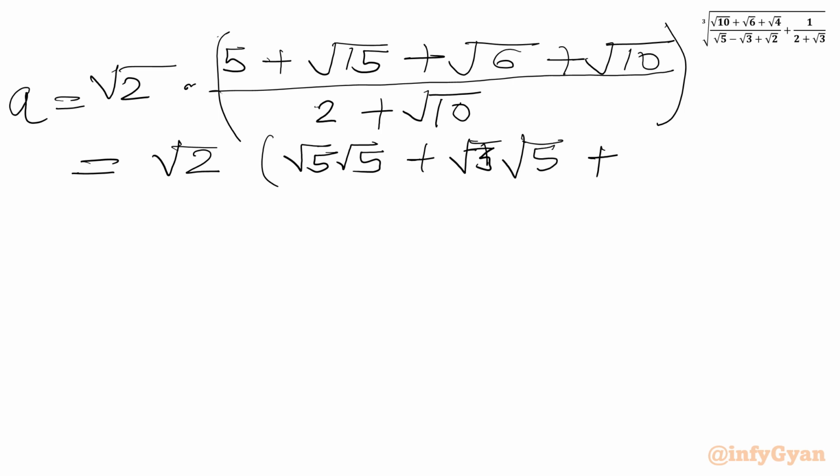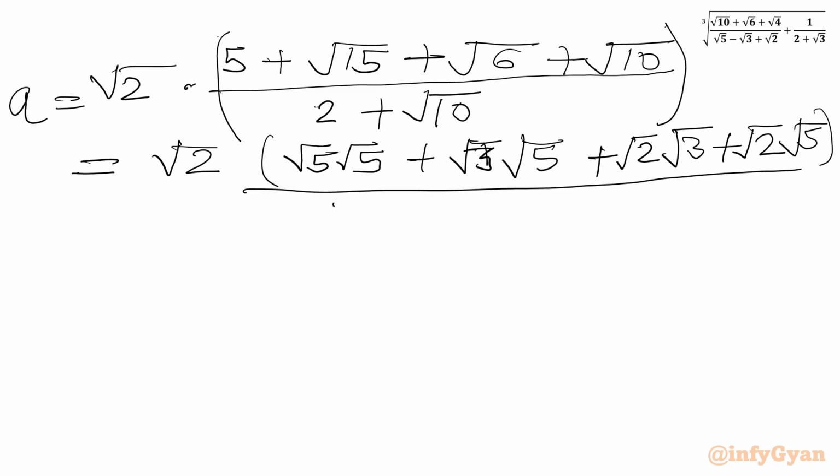plus root 6 we can write as root 2 times root 3, and root 10 we can write as root 2 times root 5. In the denominator I will take root 2 common out, so in the bracket root 2 plus root 5. Now root 2 and root 2 will cancel.